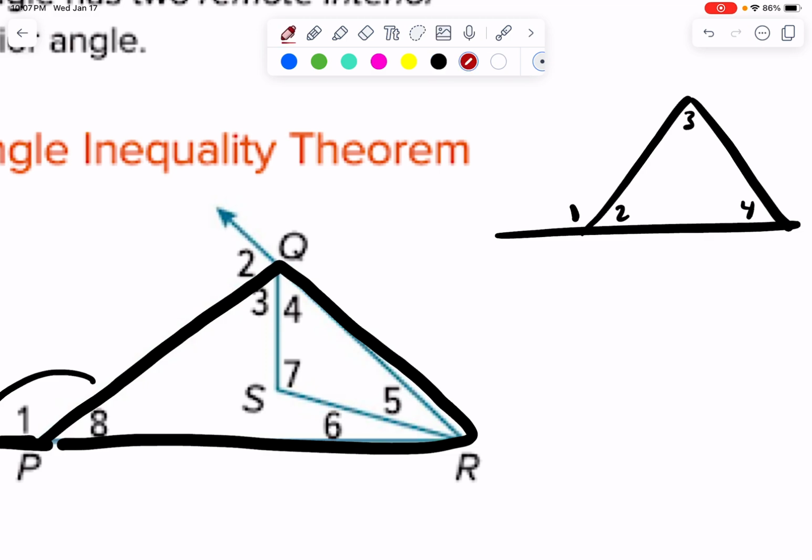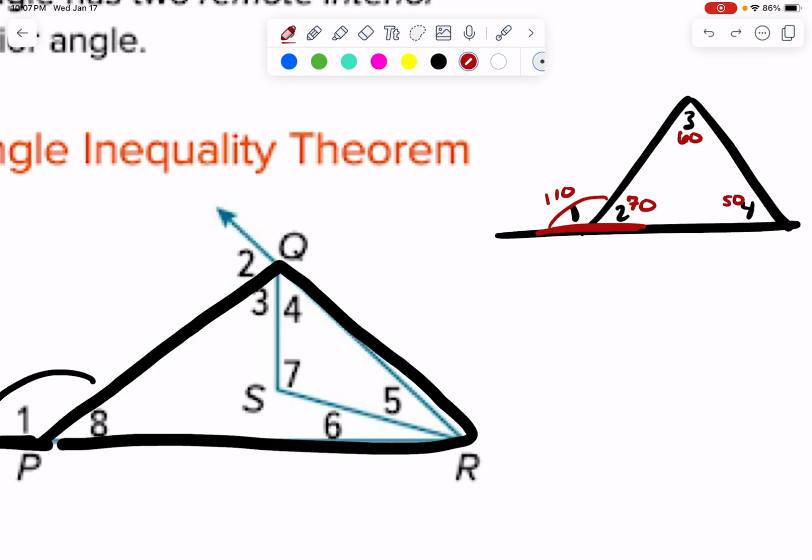If angle 3 is, I don't know, 60 degrees, angle 4 is 50 degrees, angle 2 is 70 degrees, those all add together, right? Angle 1, since he is an exterior angle and he lives on a straight line with angle 2, will be 110 degrees, right? Angle 1 and angle 2 add together to be 180, okay?